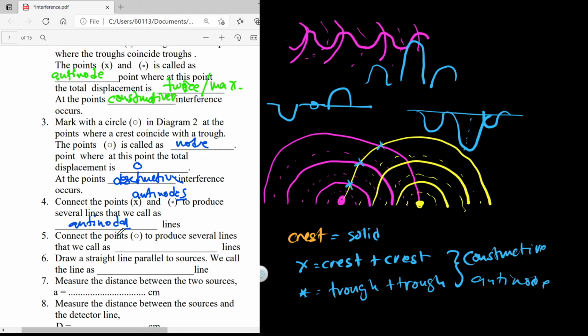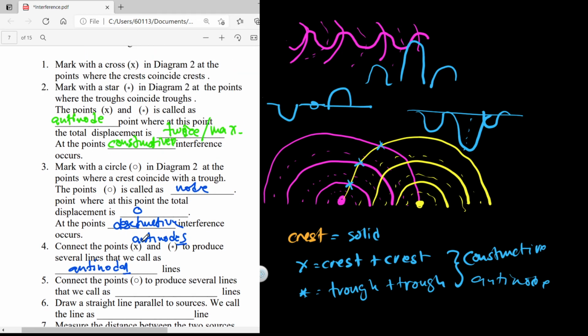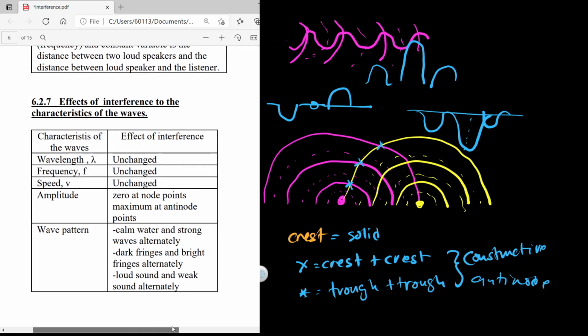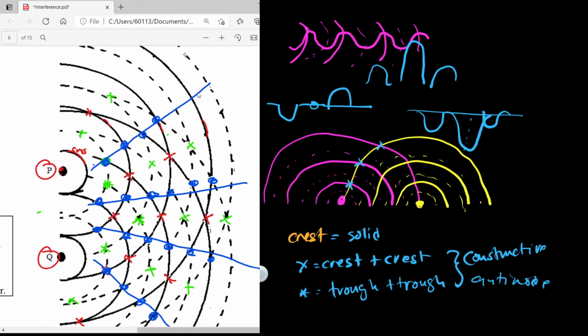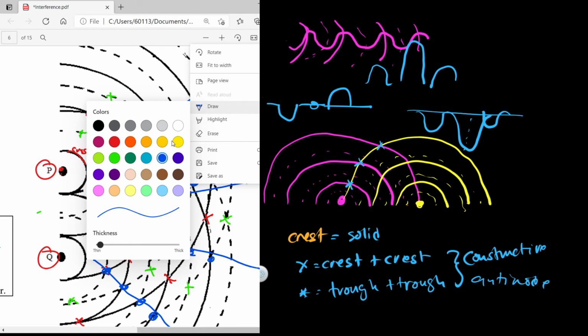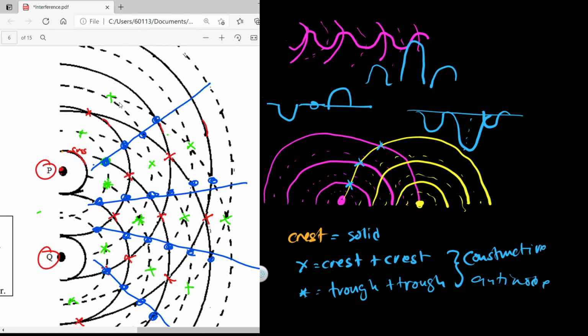And if we try to connect the point O, the blue one, let's get our antinodes first.